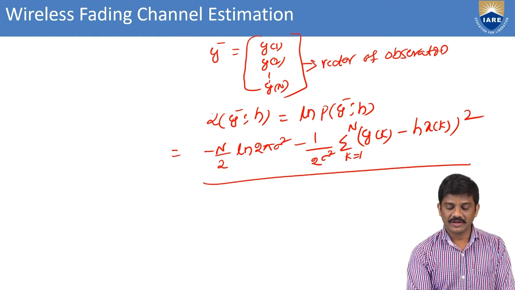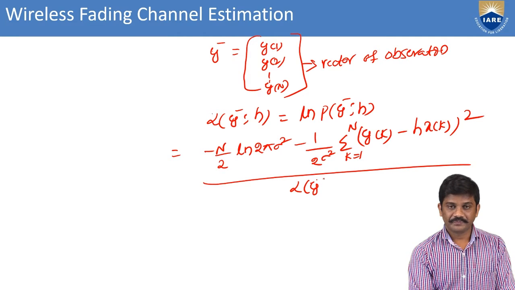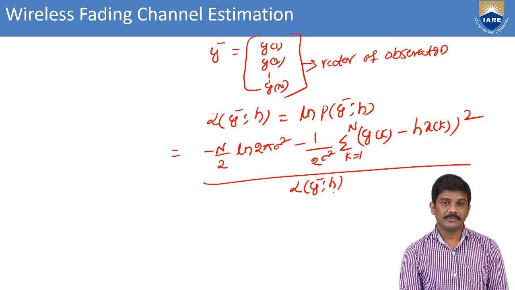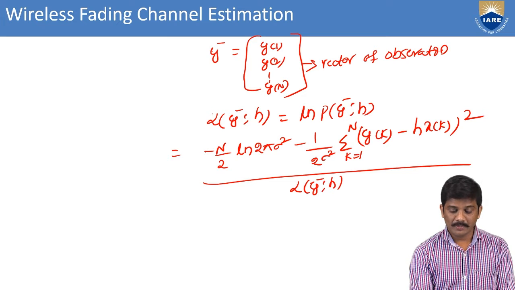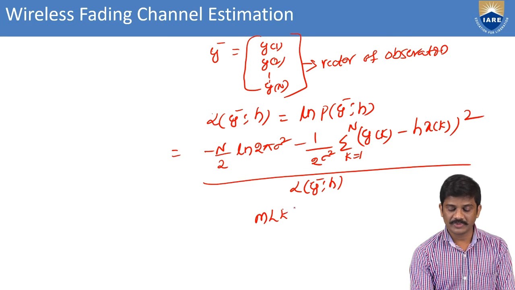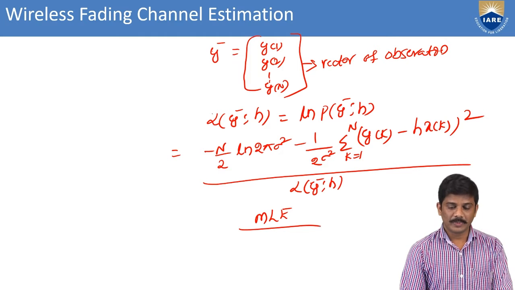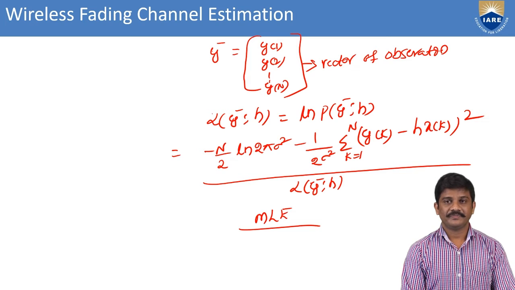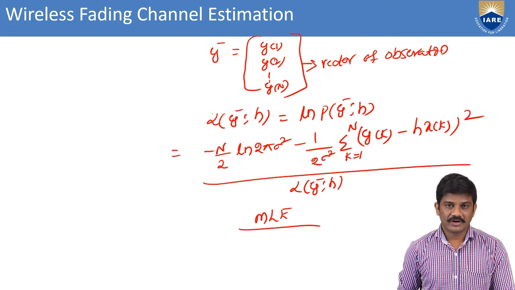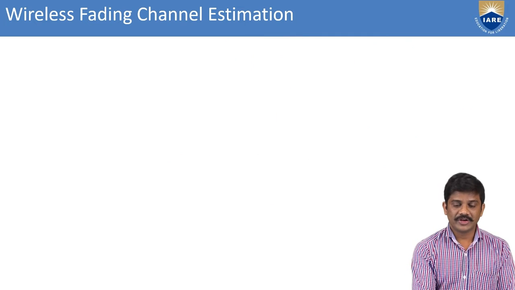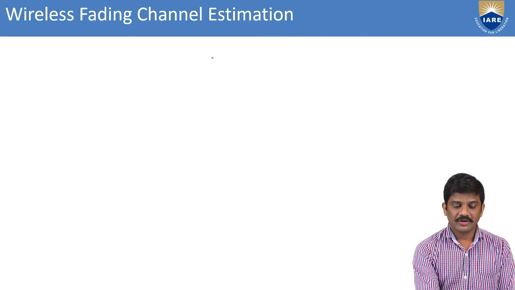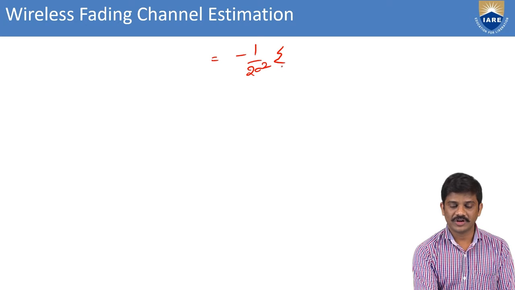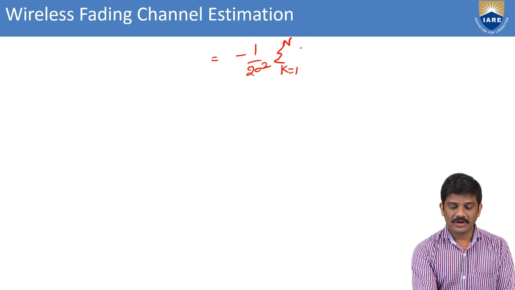This is the natural logarithm of the probability function. Then from this we can find the maximum likelihood estimation, that is the MLE. Further, for computation, we are also considering some differentiation. Adding the differentiation to this particular value, we get minus 1 by 2 sigma square, summation of k equal to 1 to n y of k.